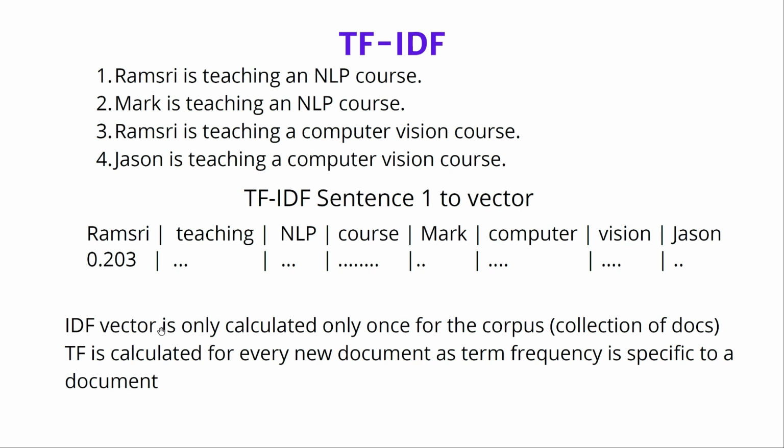So at the end of the day, for every new document, let's say if I get a completely new movie plot, what I am going to do is calculate TF for every word in that movie plot, but I have pre-calculated IDF from the corpus, and I'm just going to multiply that and get the TF IDF vector for any new movie plot.